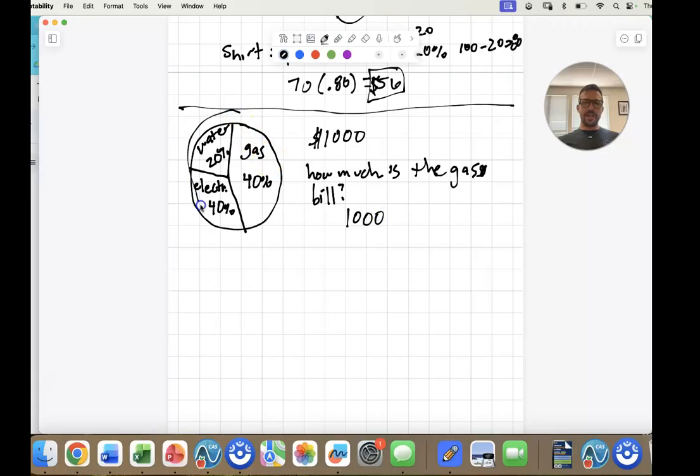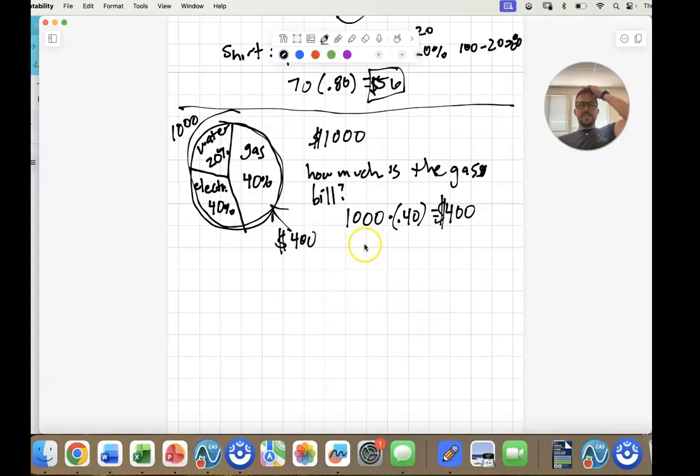So everything here in total comes out to $1,000. I'm going to multiply the $1,000 by whichever one I'm looking for. So gas is going to be 0.40. I multiply it by 0.40, and that comes out to 400. So I spent $400 on the gas alone.